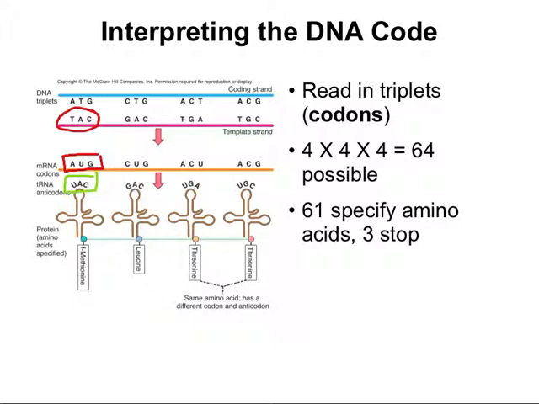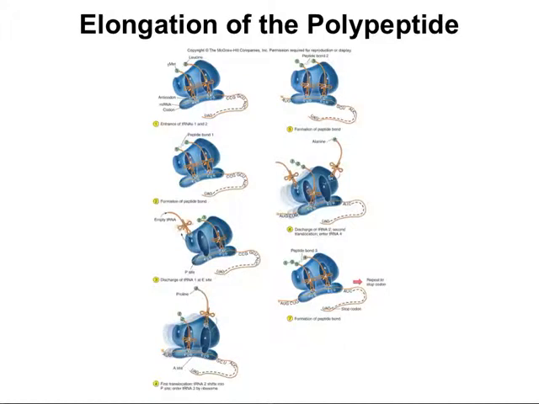And each tRNA with its specific anticodon is carrying a specific amino acid. As those amino acids are brought into the ribosome, they're added to one another in order to create a polypeptide chain. So now we can look at the elongation process in the polypeptide.